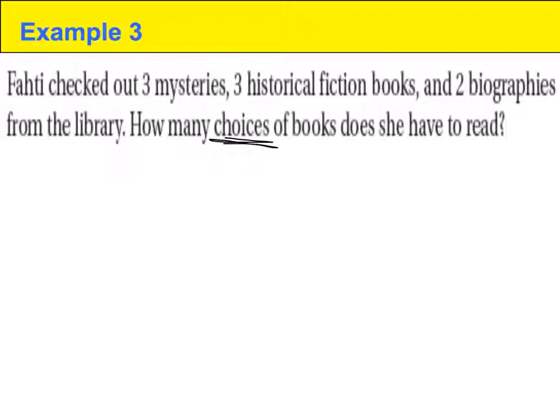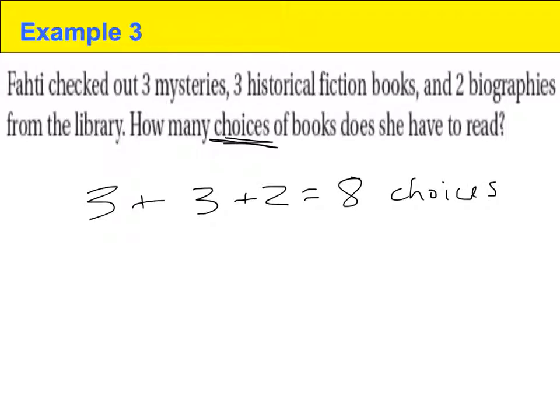Pause now, try to see how many choices she has to read. Well, you take 3, 3, and 2, and add them together to get 8 choices. She has 8 different choices to read.